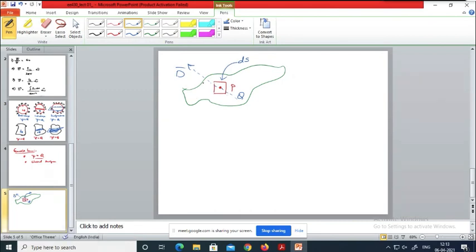So what am I having? I'm having a closed surface which is enclosing a charge Q. In that closed surface, I am considering a small surface ds, and the point P is on that small surface. Due to this charge Q, I am having flux lines crossing that surface.